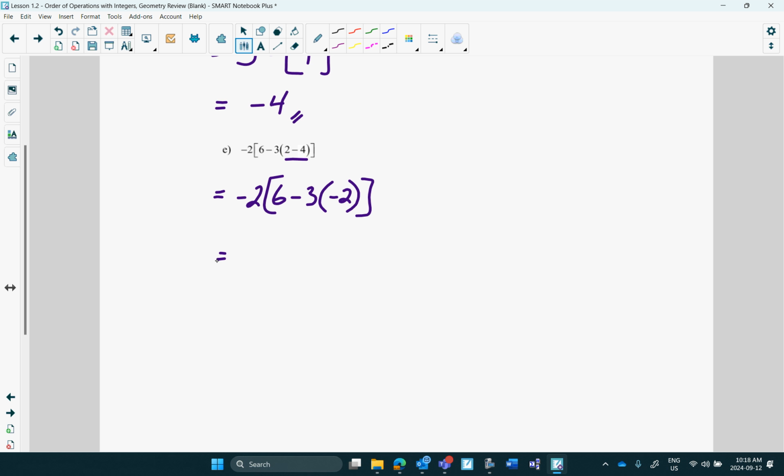So inside the brackets, I've got a subtraction and a multiplication. What do I do first? Right. And I'm going to take the -2, what is -3 times -2? So really it becomes 6 plus 6. Again, you could have done it in 2 steps.